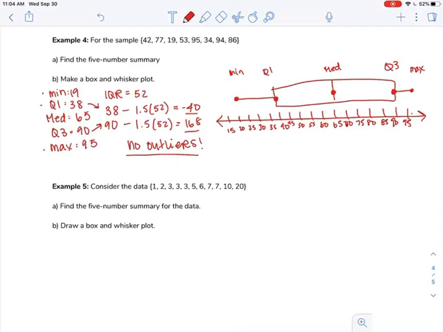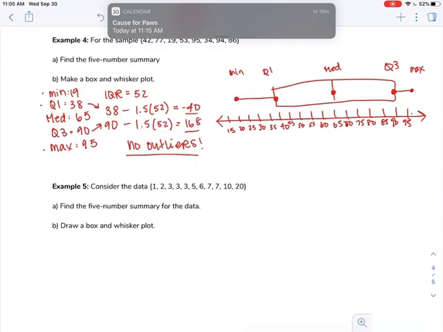All right, so for example 6, I'm going to work this entire one out. Make sure you did it the same way as well. So I'm going to list my data in order: 1, 2, 3, 3, 5, 6, 7, 7, 10, and 20.